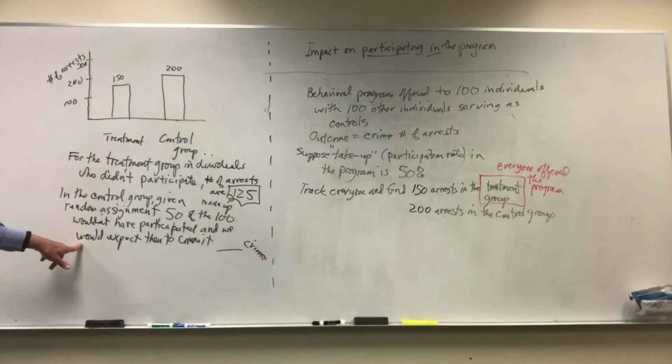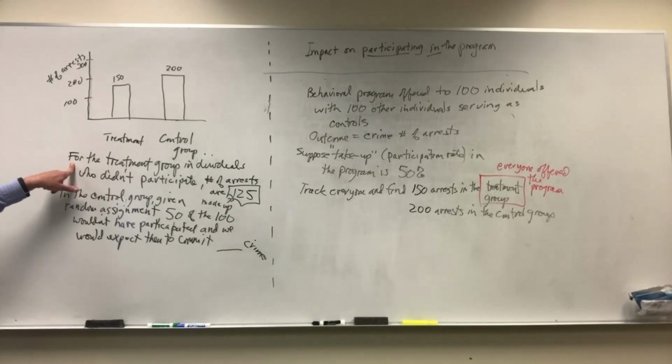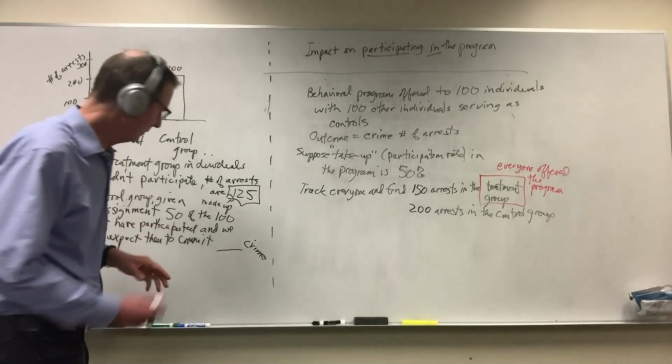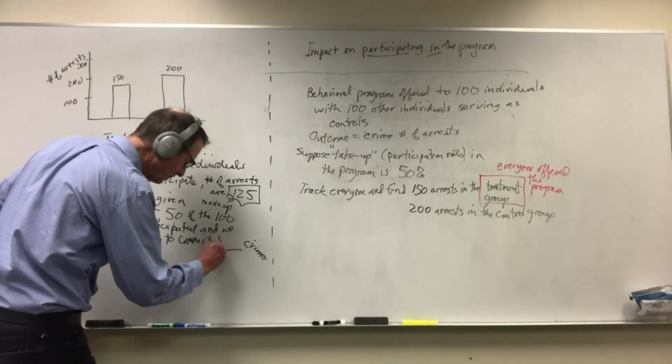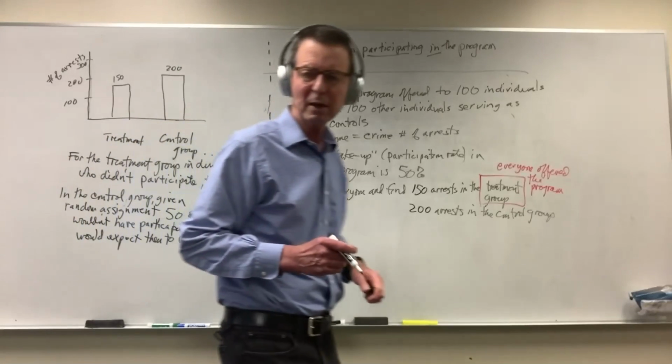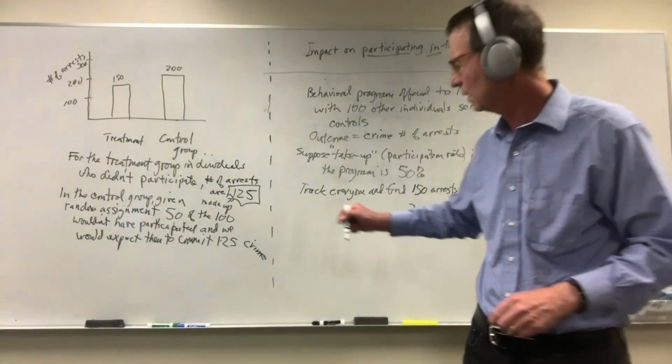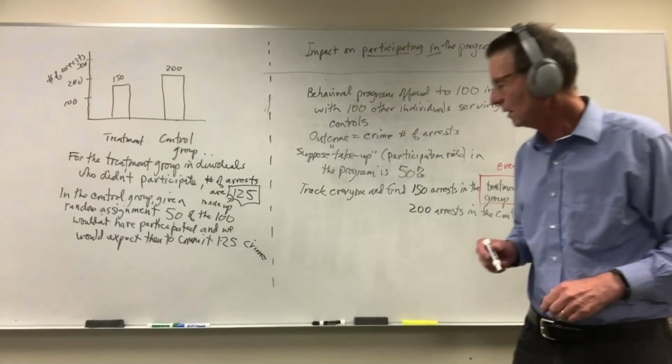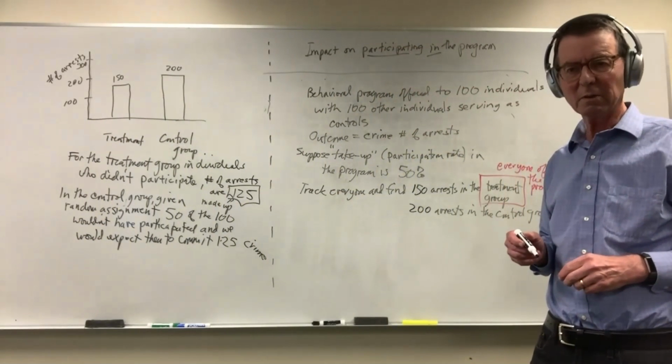And we would expect them to be just like the people who didn't participate in the treatment group, because it's random assignment, right? So they would be expected to commit 125 crimes, just like people who didn't participate in the treatment group committed 125 crimes.